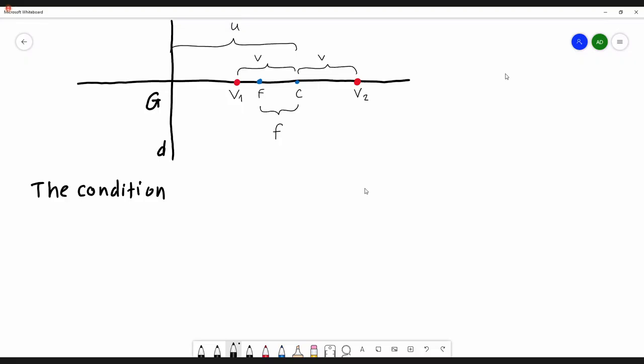Now V1 is on the ellipse, so its distance to focus is E times its distance to G. Now this condition can be read as: V1F, the distance from V1 to F, is V minus F. Now this must be equal to E times V1G. Now the distance from V1 to G is, okay, U minus V.